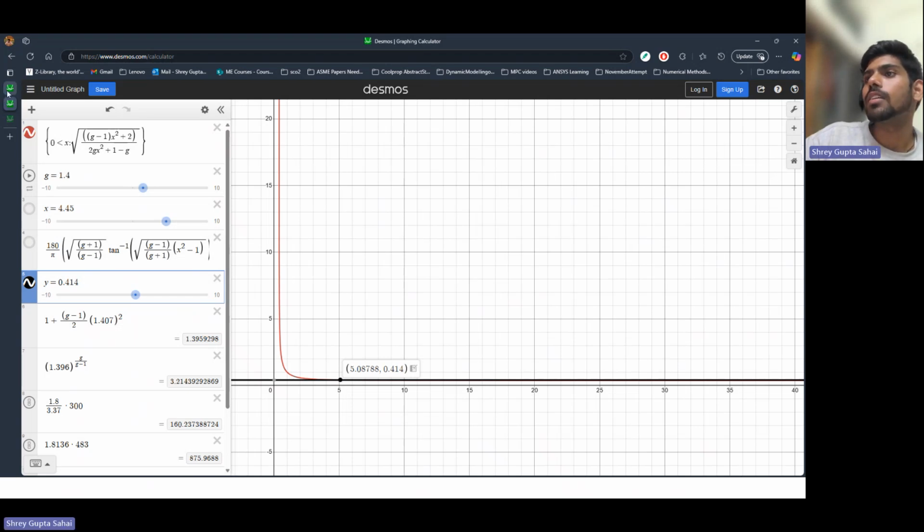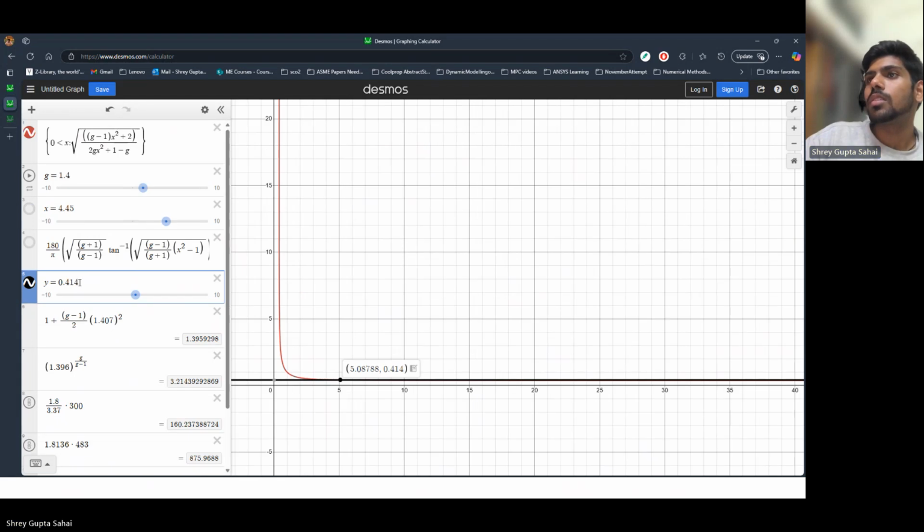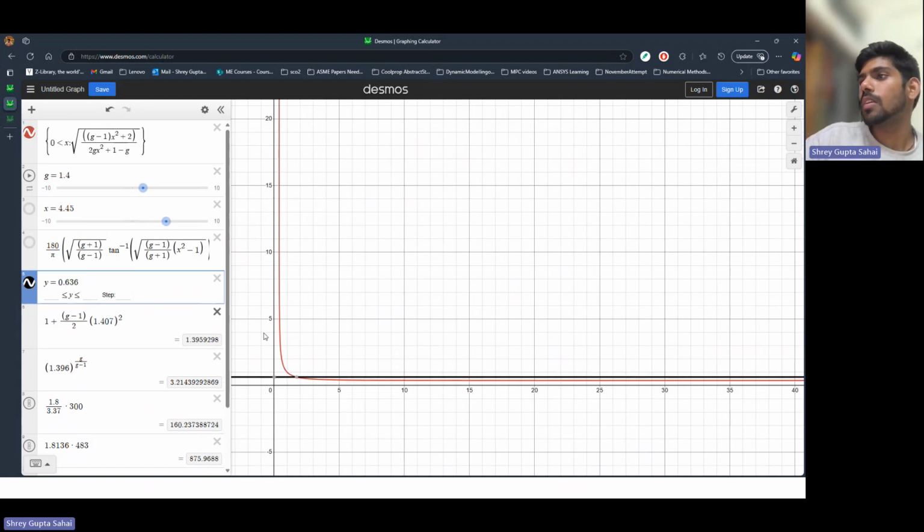Oh, there's something wrong. Wait. So 29 minus 15 is what? It's around 14.2, right? It's 14.2. It's 0.636. So Mn1 is 1.717.